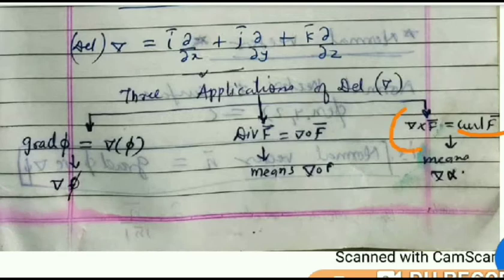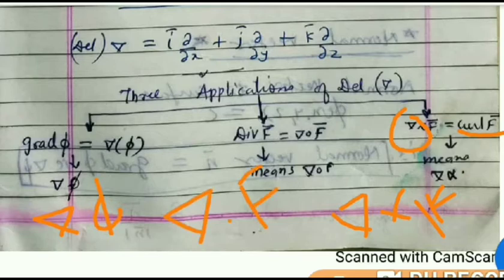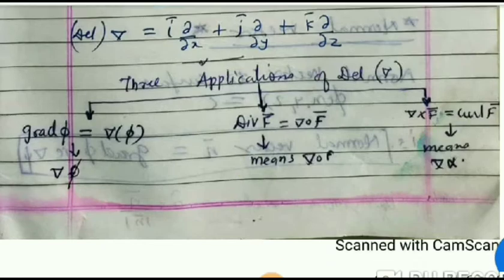So what does curl mean? Curl means del cross. You must remember these things: grad means only del phi, divergence means del dot f bar, and curl means del cross f bar. You must remember this point.